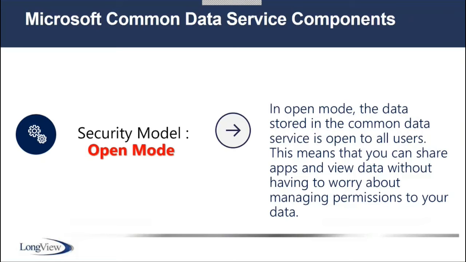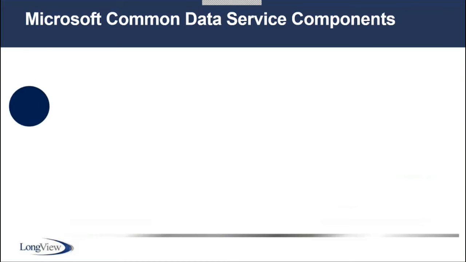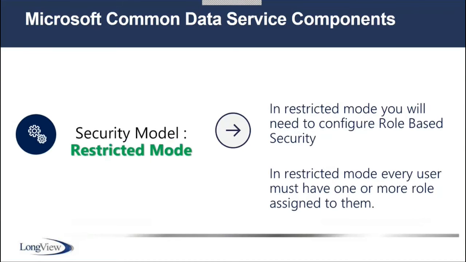The additional security model provided by the system is called restricted mode, and that's more what we're familiar with in CRM and other things. In restricted mode, you need to configure role-based security. So in this mode, you'll have to configure, much like in CRM, your security roles and access, as well as in the other products, like GP, where you're used to creating your role-based security.